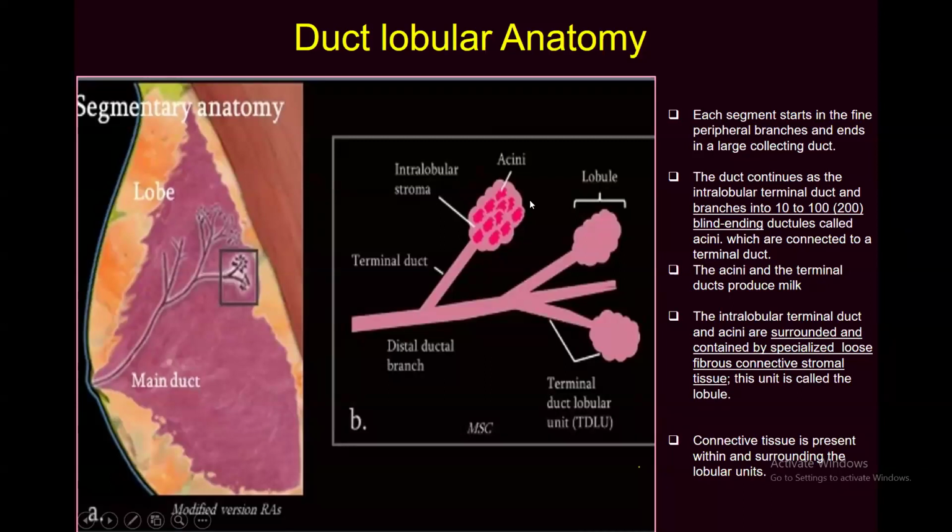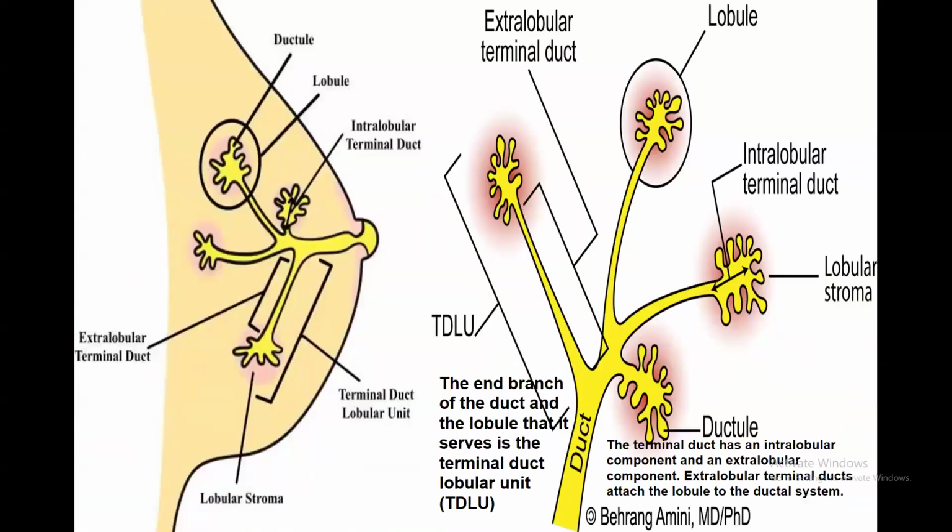These acini are also variable, and they mention around 10 to 100 acini. And in other literature, they mention that it might be up to 200 acini per lobule. Are you following me? Yes.